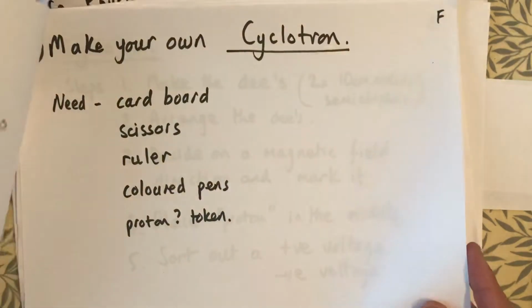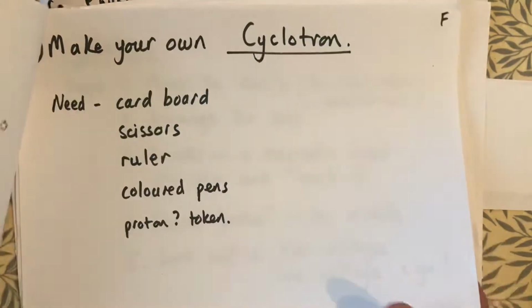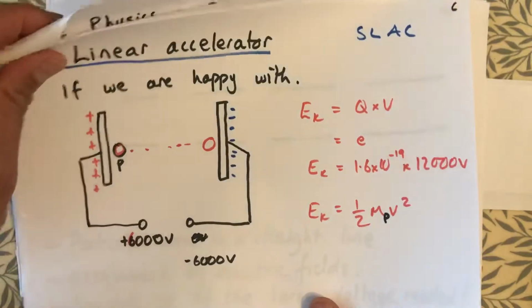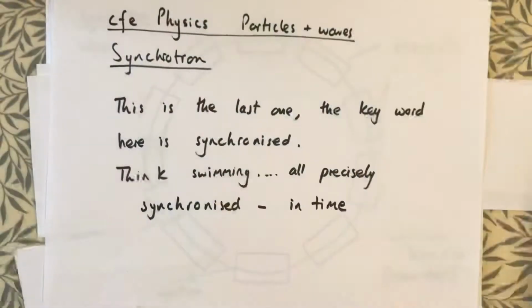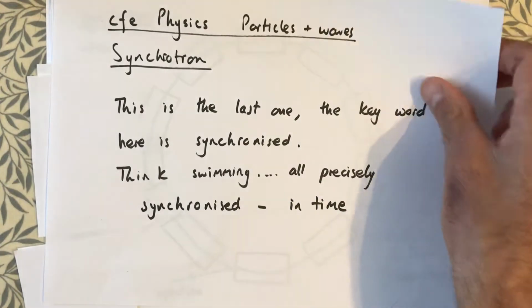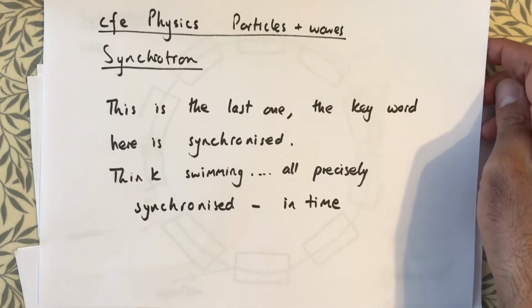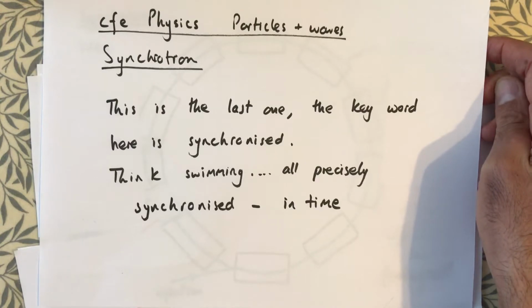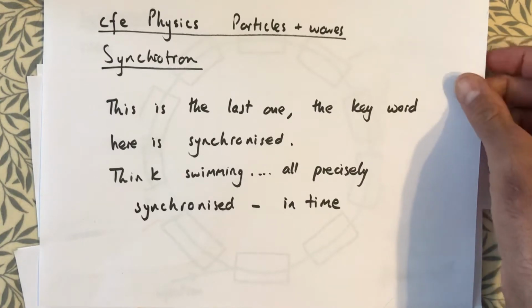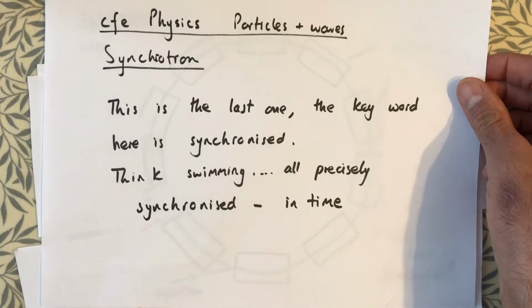And in a cyclotron, you had a constant voltage change between the two Ds. When I say constant voltage change, the frequency of the alternating supply to the Ds that provides that electric field was fixed. Now, this is completely different.